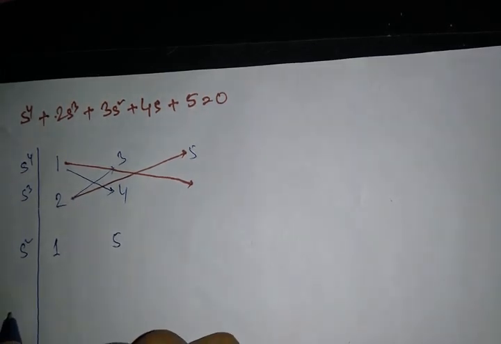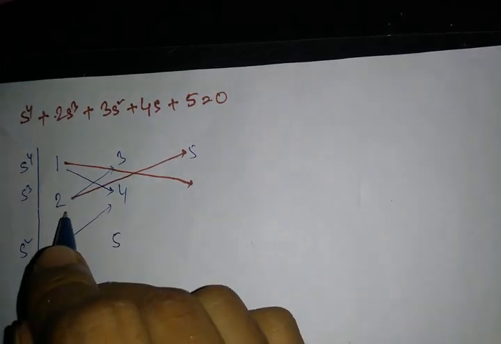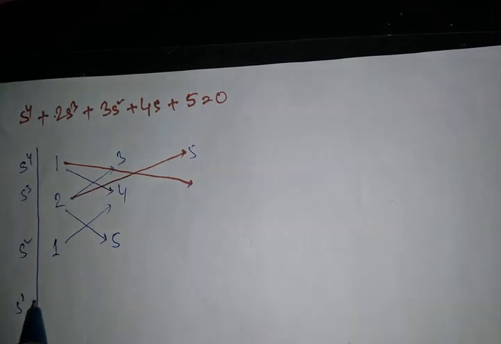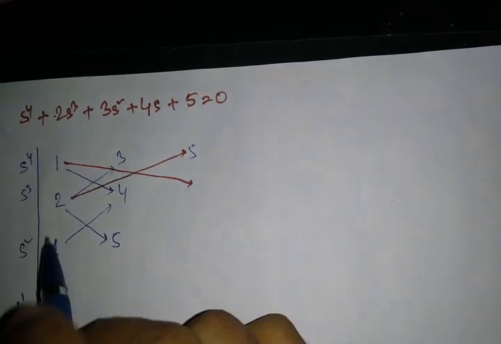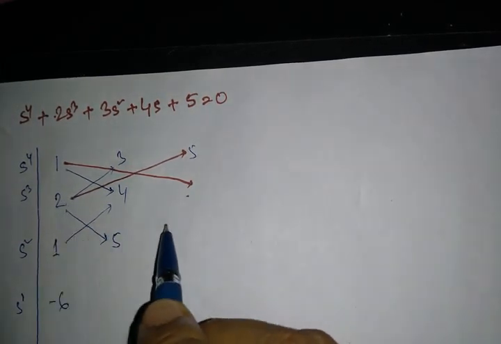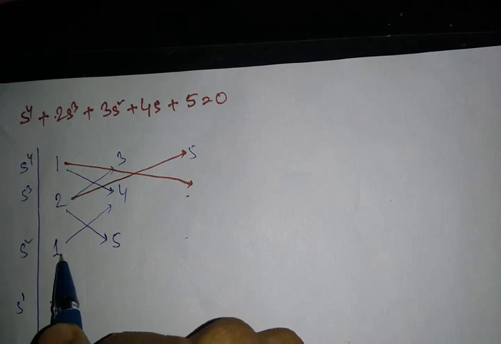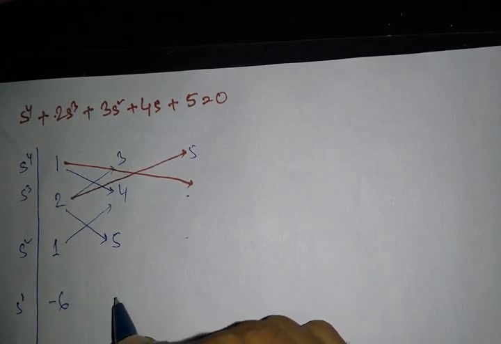Now the next s to the power 1 row. Here 1 into 4 minus 2 into 5 divided by 1 will give me minus 6. And again 1 into missing term minus 2 into missing term divided by 1 will give me 0 only, so no need to write here.